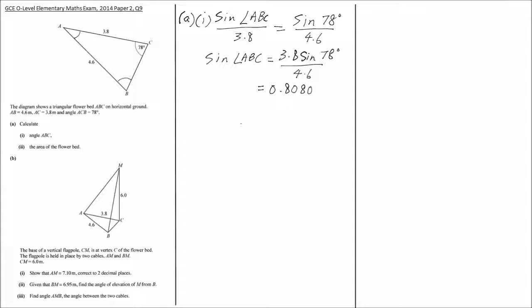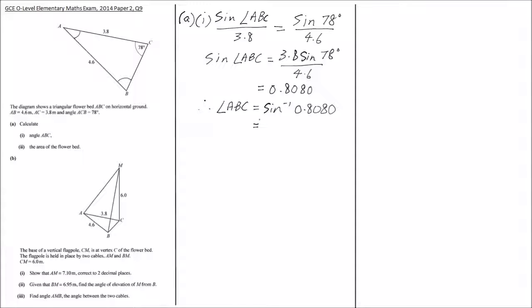Working this out will give us the value 0.8080. Therefore, the angle ABC is the inverse sine of this value. When we get this value in the calculator, just press the shift key, the sine key, and then the equal sign.